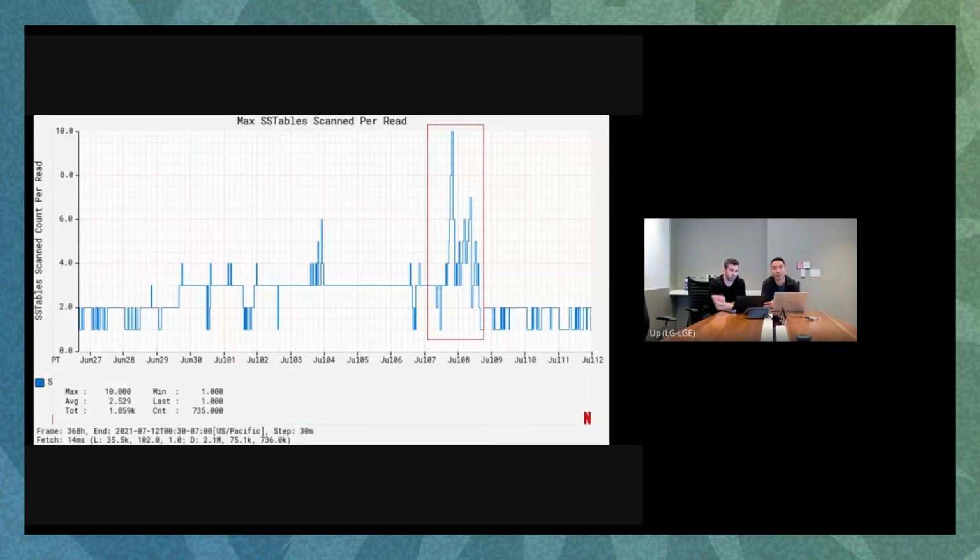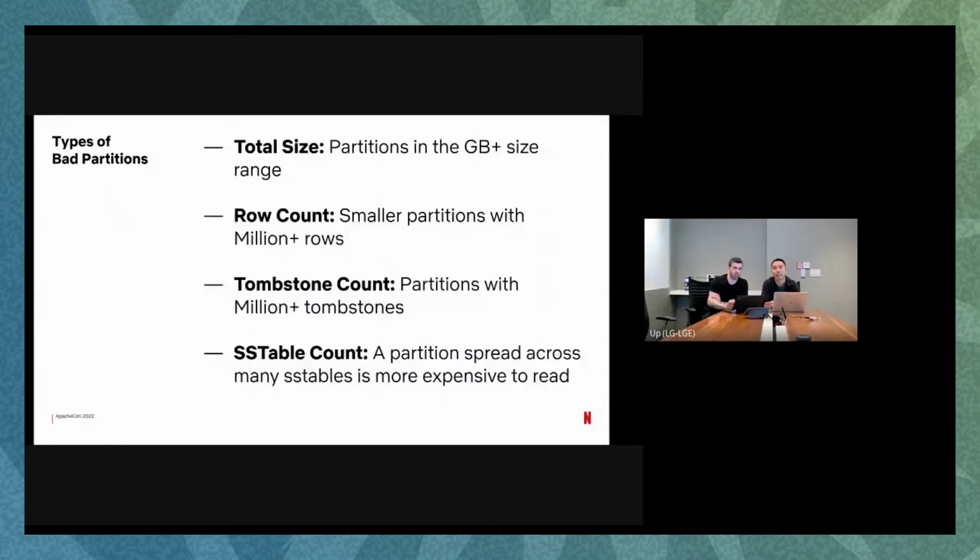As you can see, during the incident time window, the SSTable scanned per read also spiked up, and it lasted for even days before we could fully mitigate the issue.